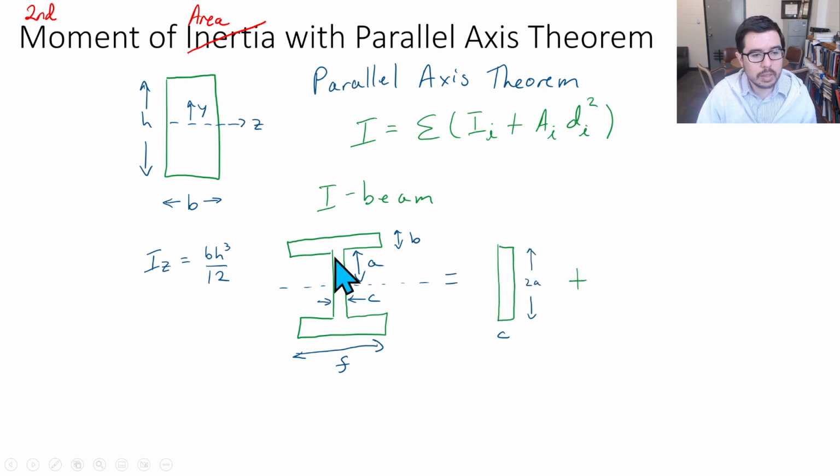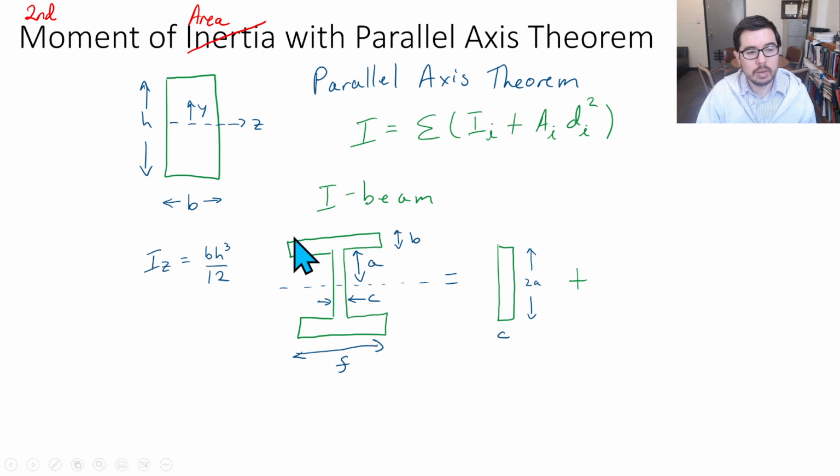Well, let's first start with what seems pretty basic. There is a rectangular section in the middle, just like that, and it has some height 2a and some width c. Now, that's great, but I have the top and the bottom, right?